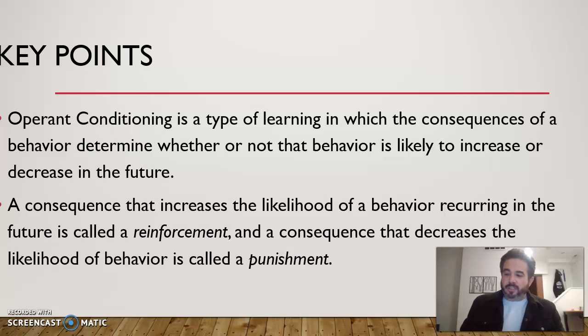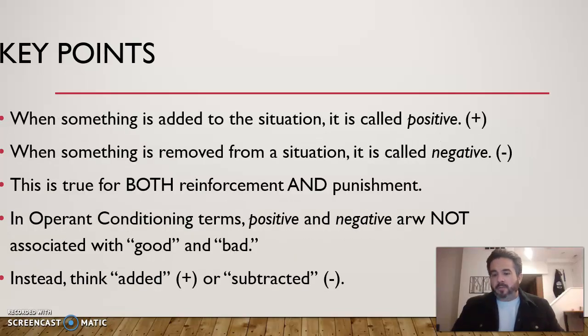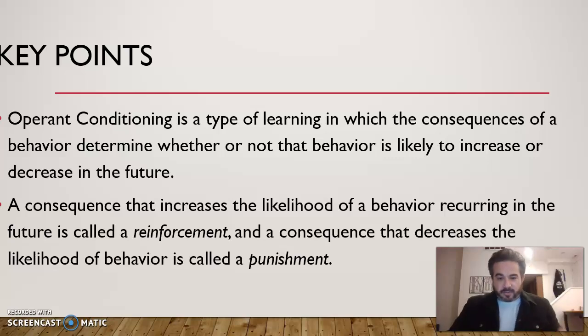So if a behavior is performed and the behavior is reinforced, the behavior is likely to be performed again in the future. If a behavior is performed and that behavior is punished, then that behavior is less likely to be performed in the future. And we're talking about almost any behavior. So those are our first two vocab words, reinforcement and punishment.